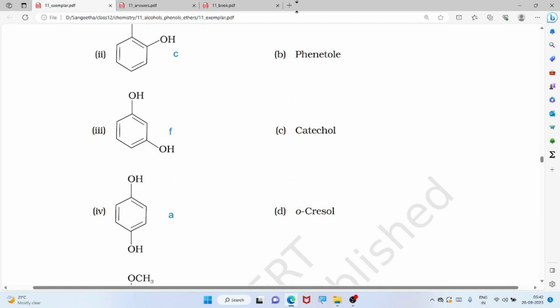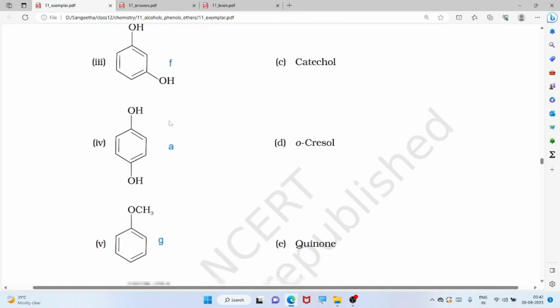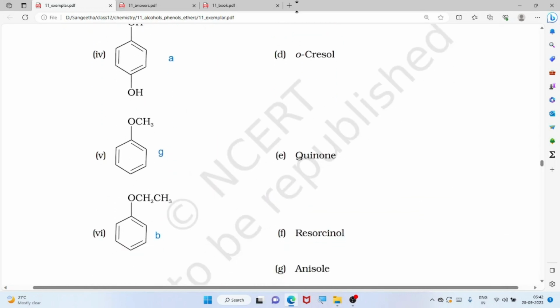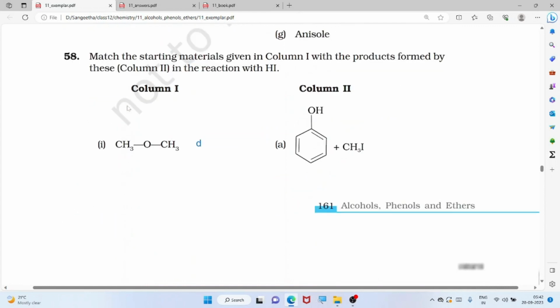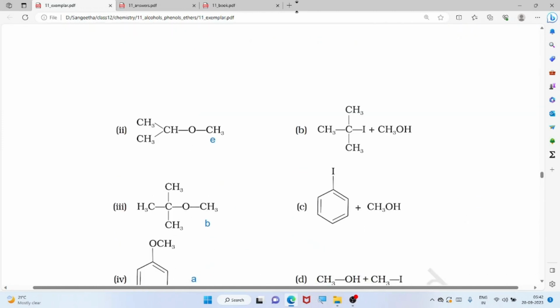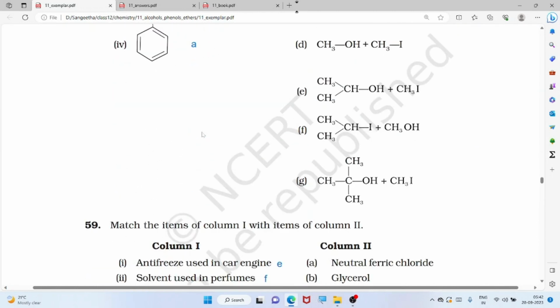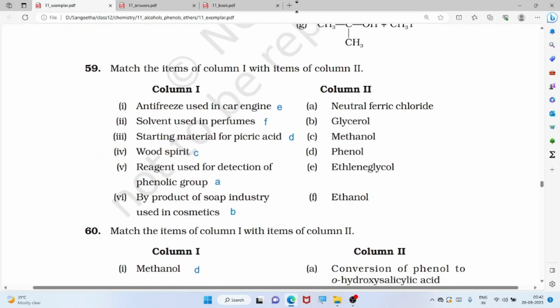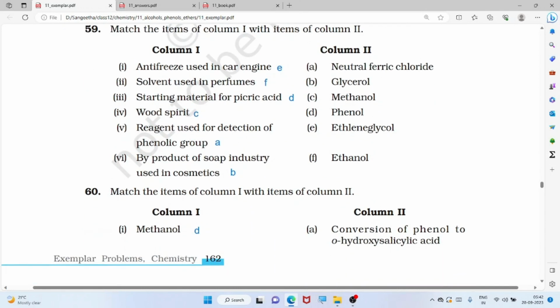That is C, this one, this one, G. Match the starting materials for the given column and products. Okay. So you can go through the answers of this. Match the items in column 1.